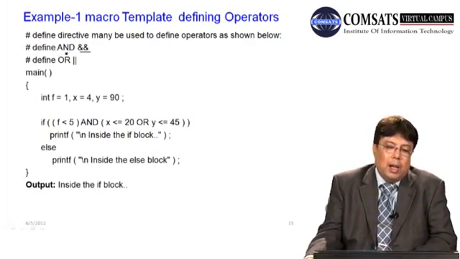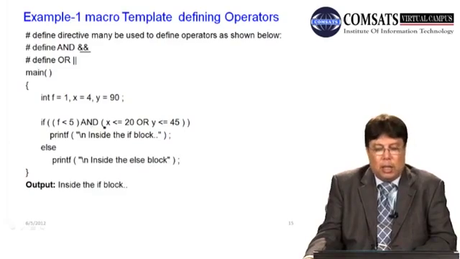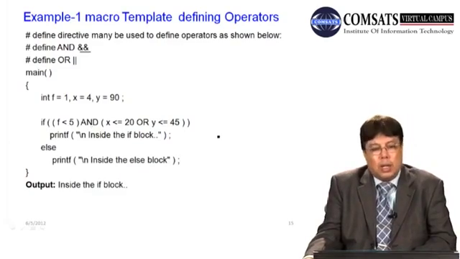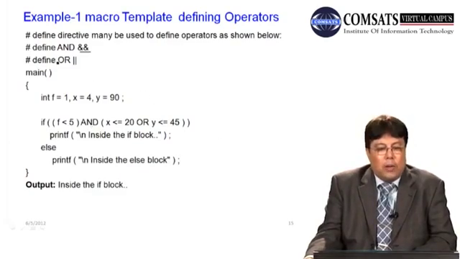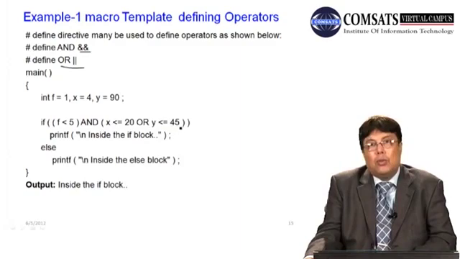If we define and, which will be translated as it is, so here we can say if f is less than 5 and this we can do that. Similarly we can define or, we can use this and or. Here x is less than equal to 20 or y is less than equal to 45.